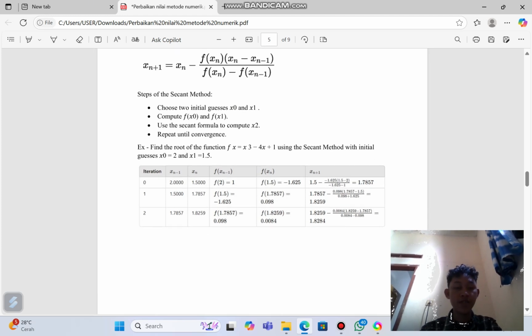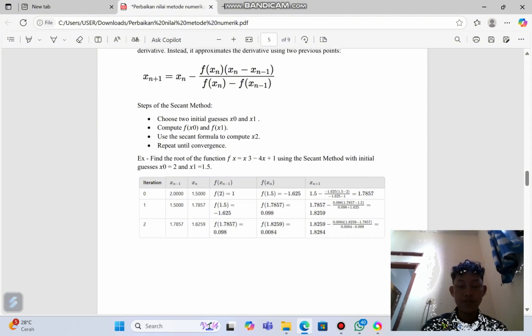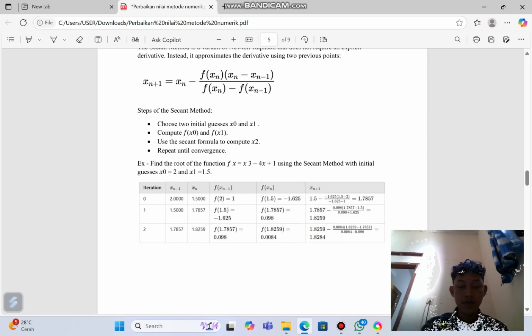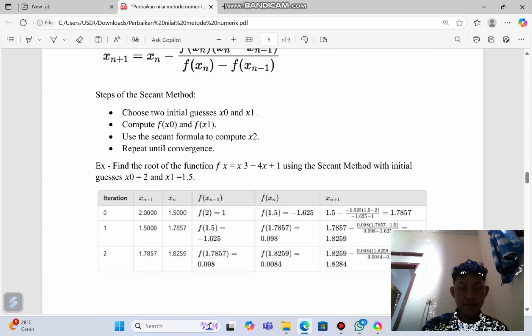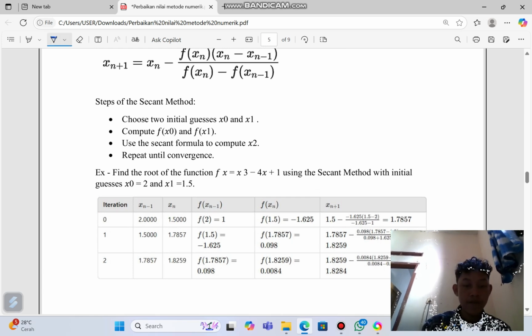For the first iteration, we have to substitute x_{n-1} is 2, x_n is 1.5.